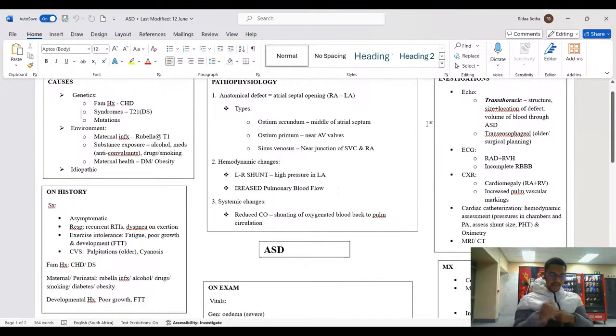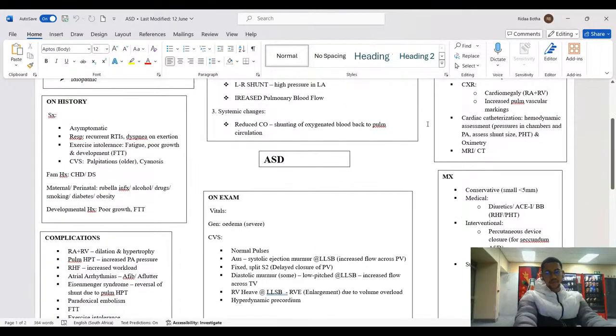Okay, now in terms of investigations, these include an echo and ECG to detect right atrial dilation, right ventricular hypertrophy, and incomplete right bundle branch block, chest X-ray for cardiomegaly and increased pulmonary vascular markings or pulmonary edema, cardiac catheterization for hemodynamic assessment, and then plus minus MRI or even a CT.